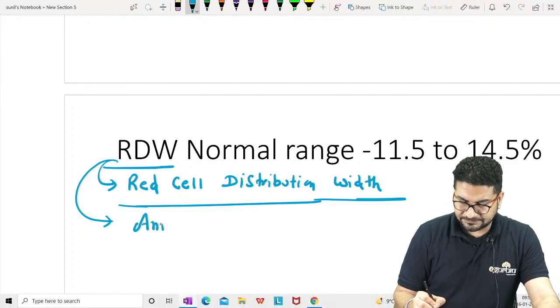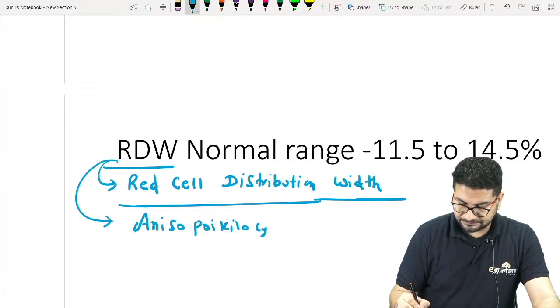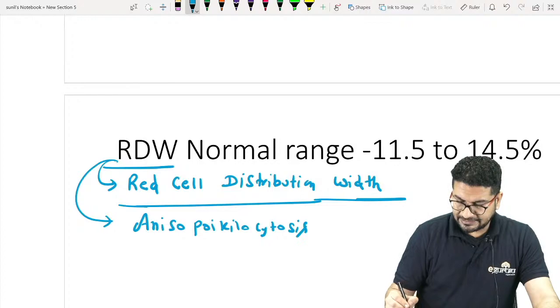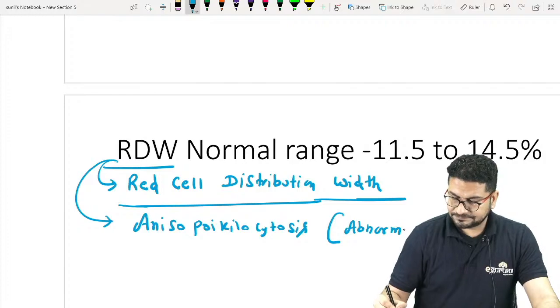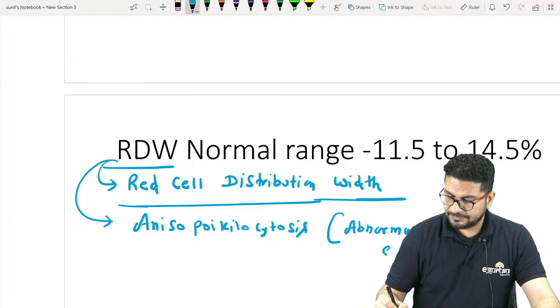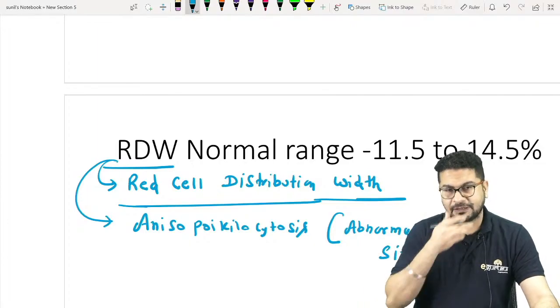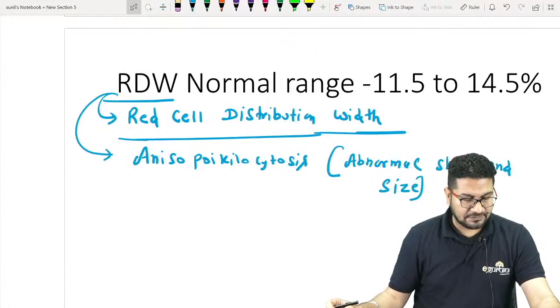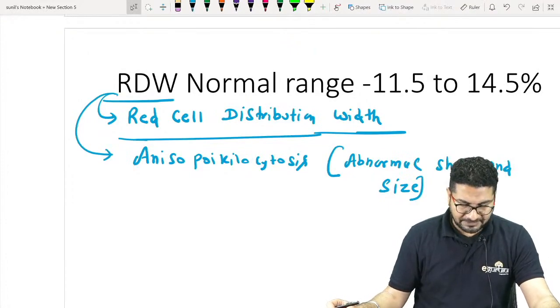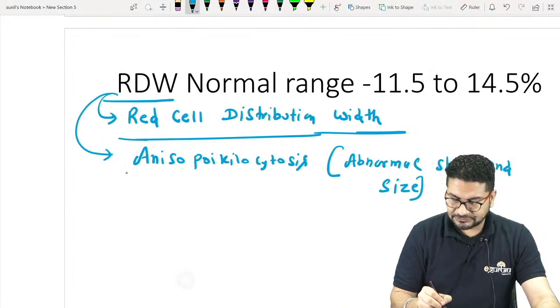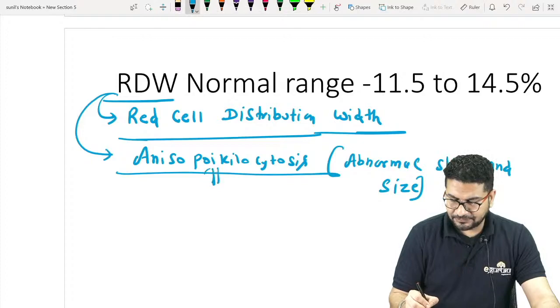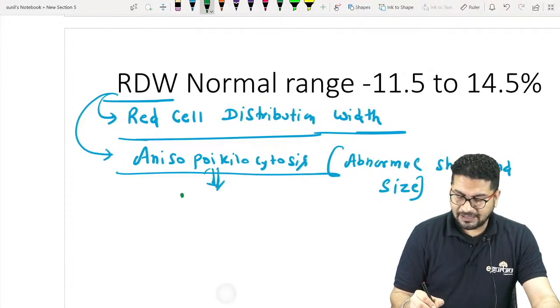It means some RBCs are smaller, some are bigger, some have different shapes. So whenever you see anisopoikilocytosis, remember RDW will increase.